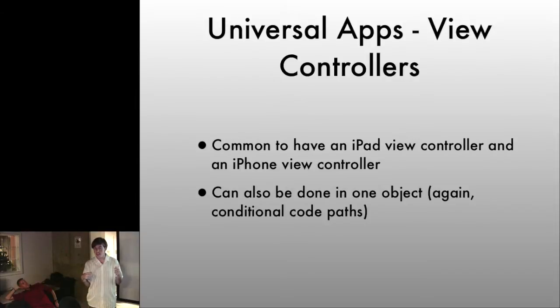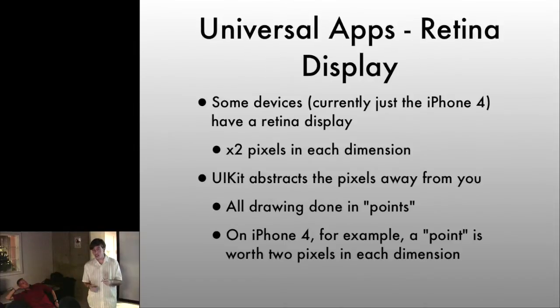It also is a lot less of a headache on you if you just have to keep track of, okay, this is for iPad, this is for iPhone, and I control this. There's a lot less condition checking you have to do. You just make separate ones, and then all you have to do is load the right one when you need it. It can be done in one object. It's hard. It's going to have a lot of branching in your code. So I wouldn't highly recommend it.